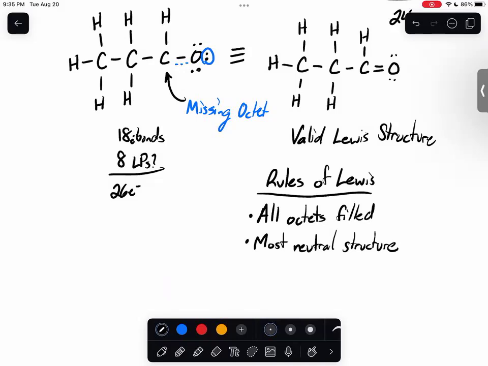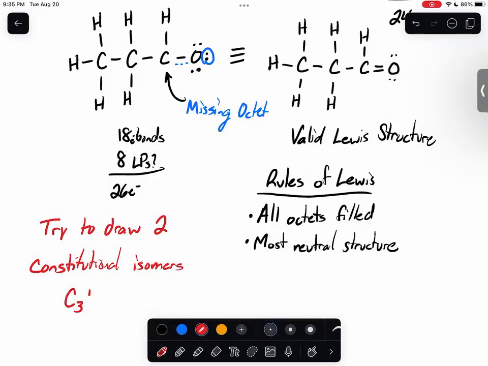Now, here's my little challenge that I want you all to undertake. I want you to try to draw two constitutional isomers of what we just drew, which was C3H6O.